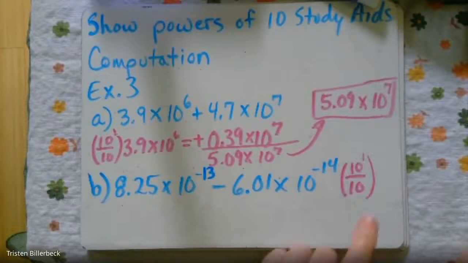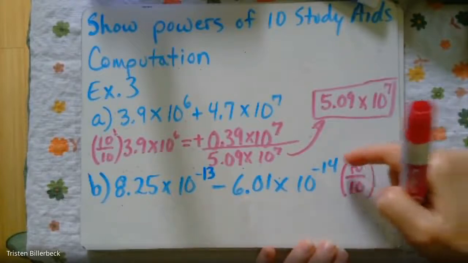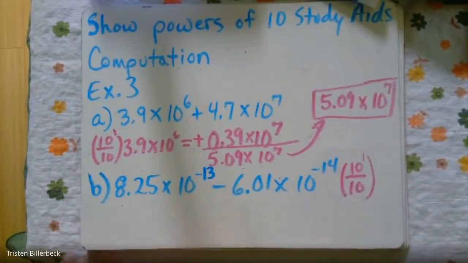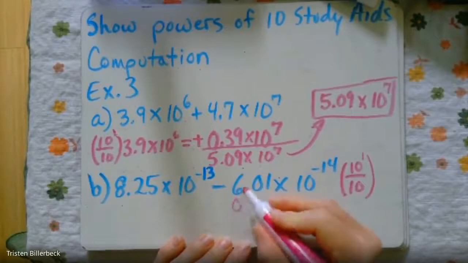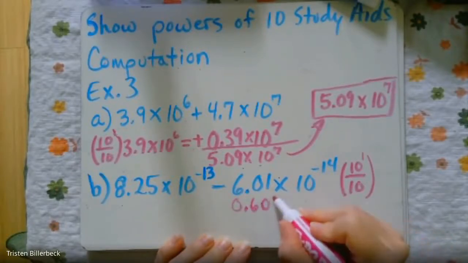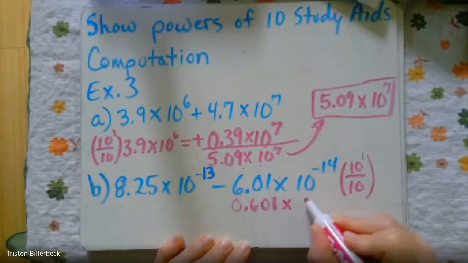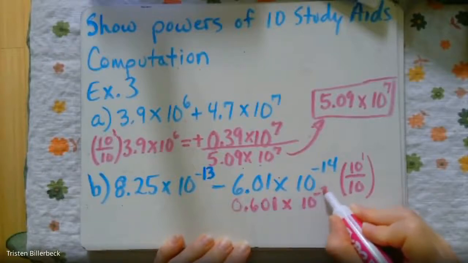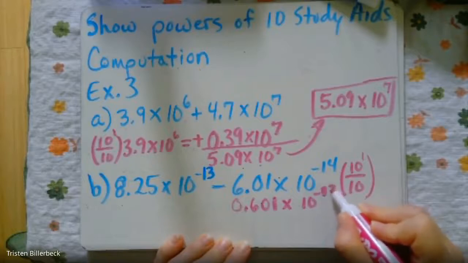Okay, what that does is we're going to divide this one by 10 if we're going to add 1 to the exponent. So this ends up 0.601 times 10 to the negative 13.